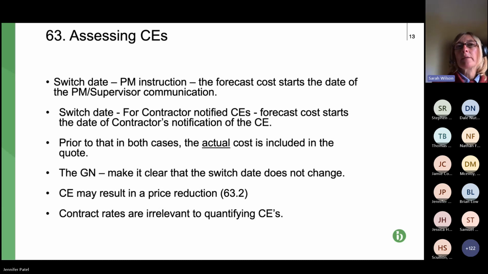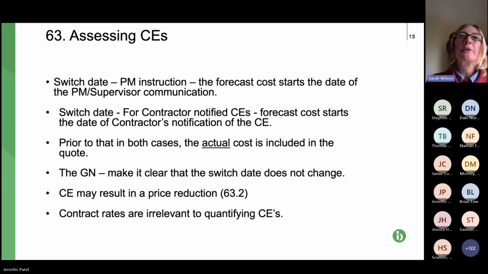In contrast, so the second bullet point, the switch date for the contractor notified CEs, so the remaining CEs, the ones that the contractor has to notify within that 8-week deadline, 7 weeks for subcontracts. The forecasting starts when the contractor notifies the CE. So in this case, there is quite some potential for the actual cost of the work to substantially apply here.